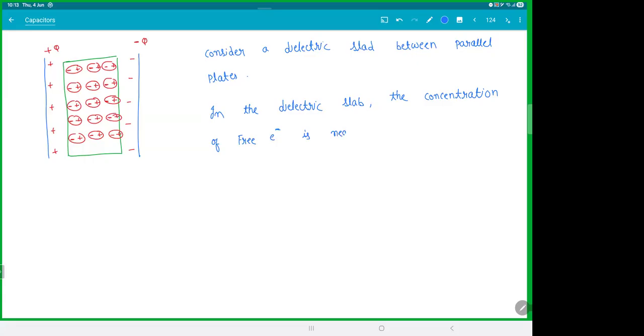Hope you remember what free electrons are? These are the electrons which can move freely across the lattice. And what happens with the electric field? The external electric field creates dipoles. So it will still pull the electrons, but they can't come out. So basically, you'll get a dipole moment inside by moving electrons and nucleus apart.